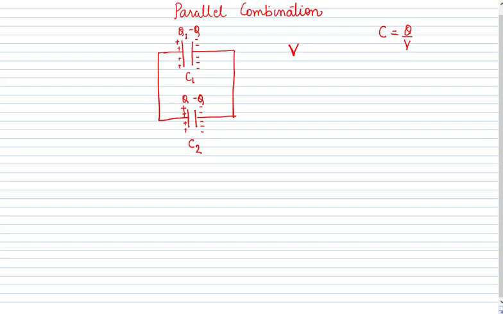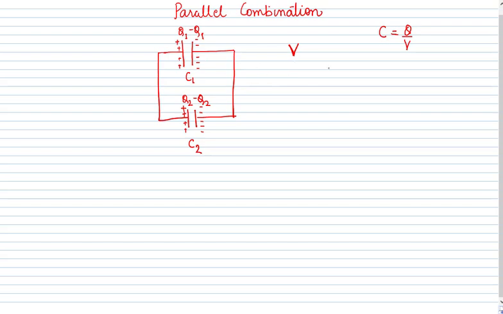Say for the first capacitor, plus Q1 minus Q1, and for the second capacitor, plus Q2 and minus Q2. Why are we taking this? Because the charges may not be the same, right? The voltage difference that we are applying is the same, but the plate charges plus minus Q1 on capacitor C1 and plus minus Q2 on capacitor C2 may not be the same. It is not necessary that these two are the same.